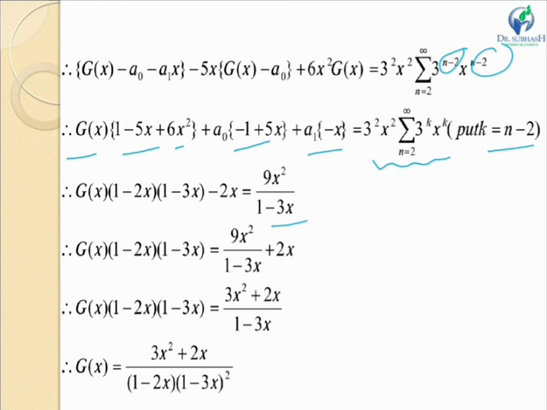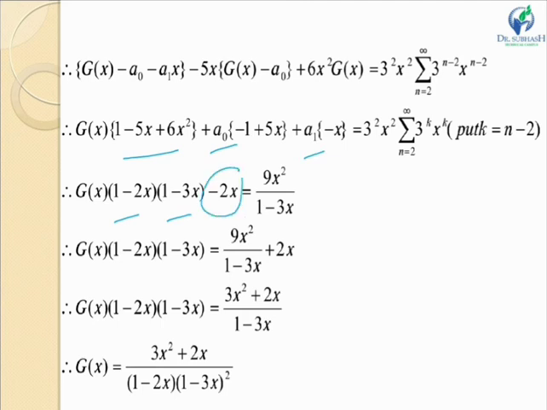So this will be changed to 9x square upon 1 minus 3x. Now see, on splitting the middle term, here I get 1 minus 2x into 1 minus 3x, and I am putting the values of a0 and a1 over here. So I just get minus 2x, because a0 is 0 and a1 is 2.